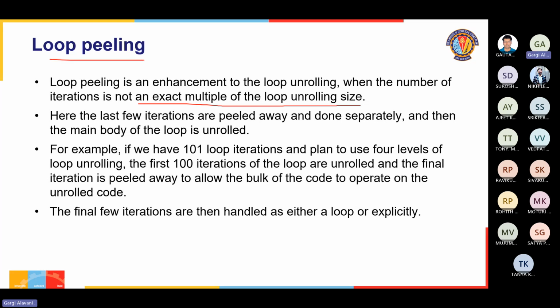If the loop cannot be unrolled exactly with the same number of loop iterations, then either the last or first few iterations you can peel away, and they can be done separately. For example, if you have 101 loop iterations and you want to use 4 level of loop unrolling, the first 100 iterations can be unrolled and the final iteration can be removed and done separately.